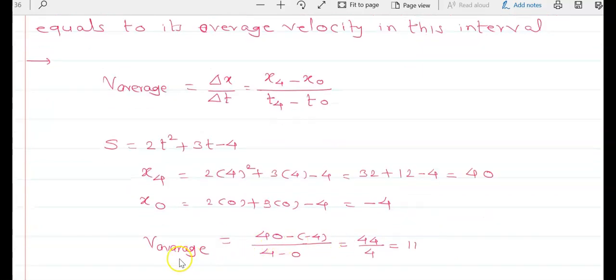Therefore V average = (40 - (-4))/(4 - 0) = 44/4 = 11.